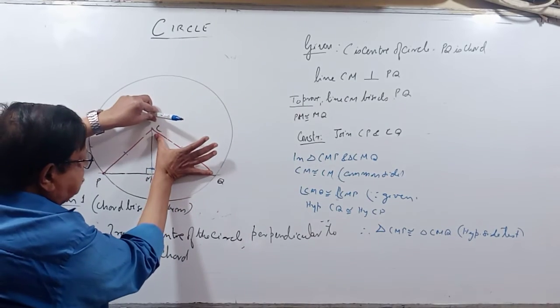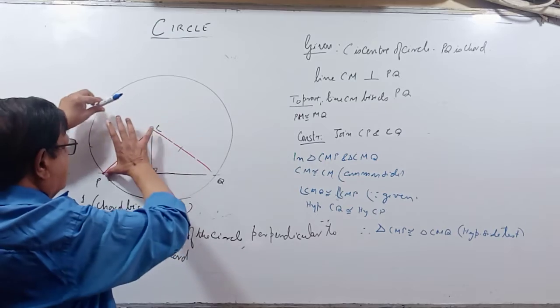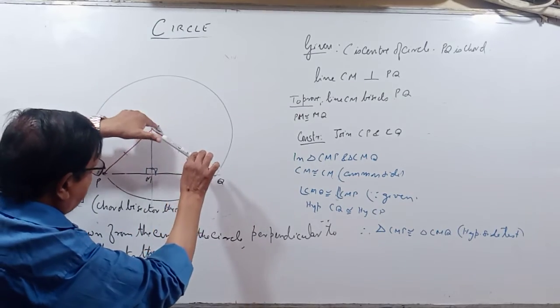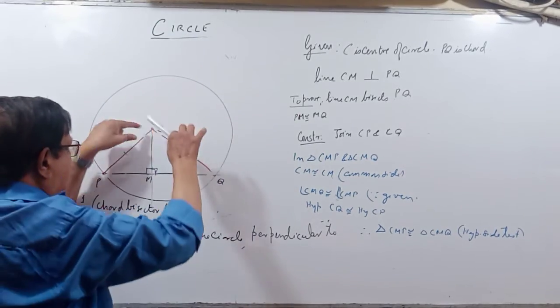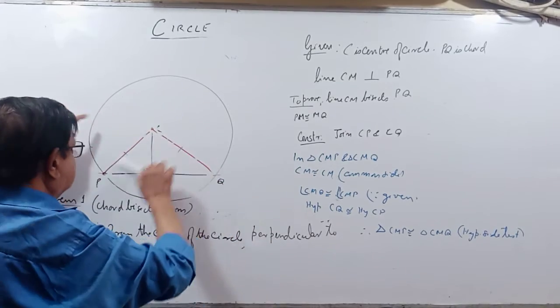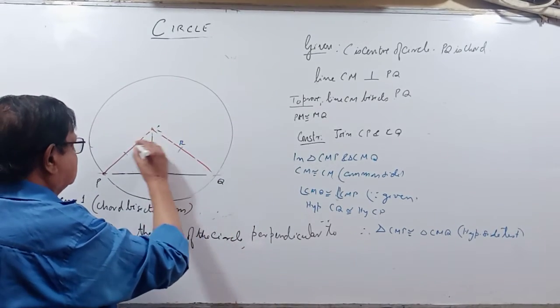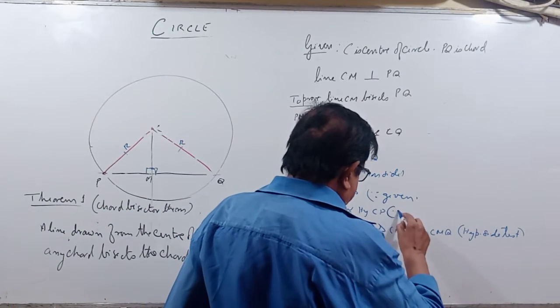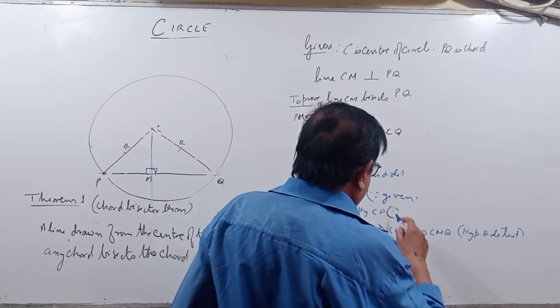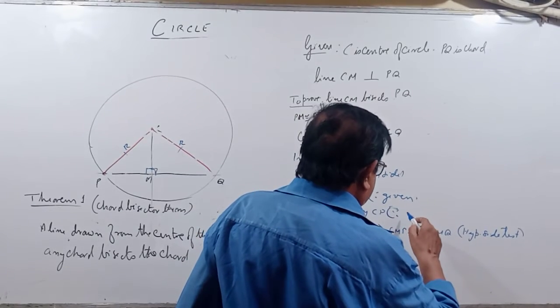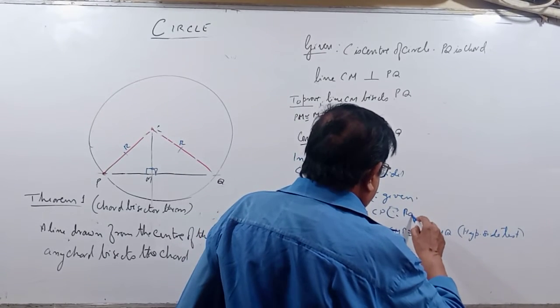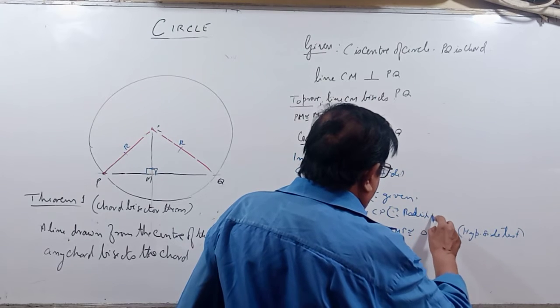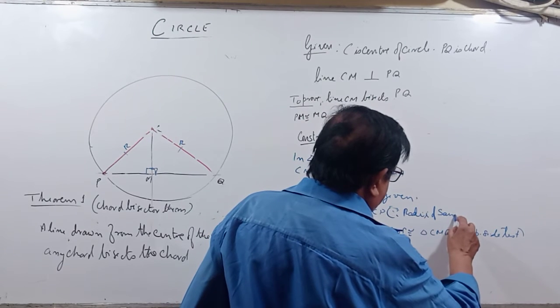The radius will be the same, with the same compass and the same setting we draw the circle. This also radius, this also radius. So we will write here reason, लिखेगा तो मार्क्स कट हो जाएगा. Radii of same circle.